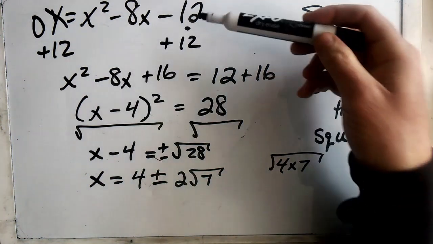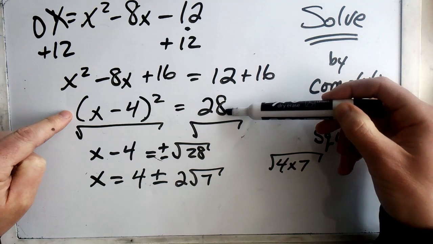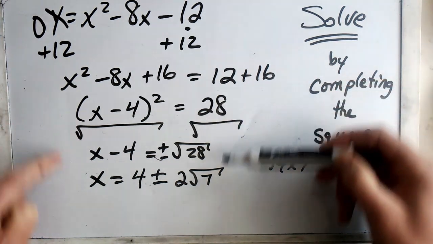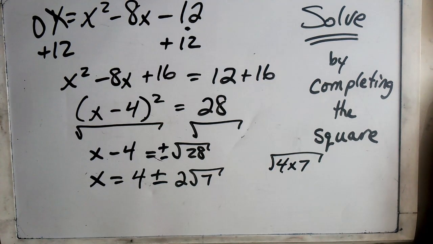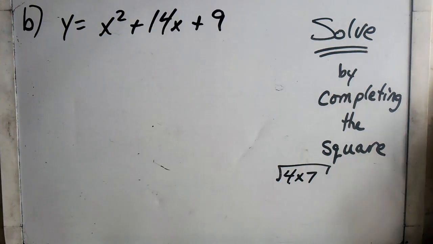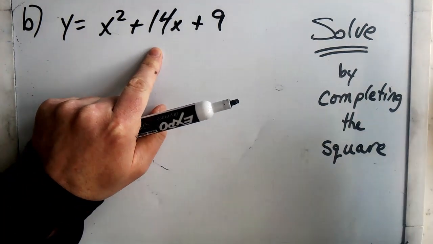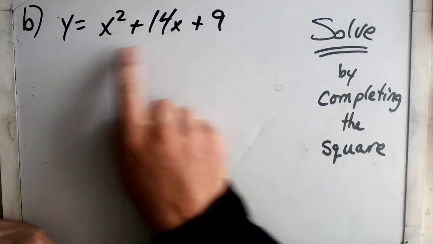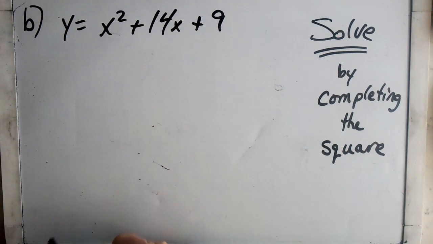So once again, we start with this. We make the y 0. We complete the square. From there, algebra, we solve the equation. I'm just going to remind you, this is ideal if the middle term is even. If it's general form, we've got a, b, c. It always works well with an even middle term.